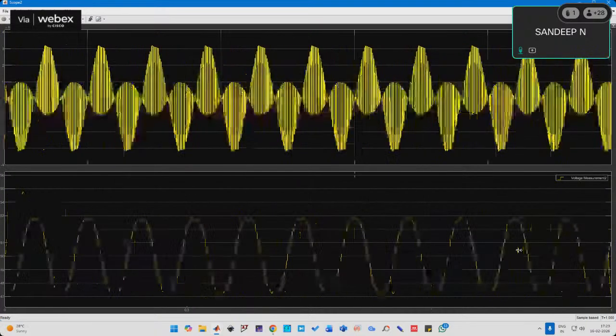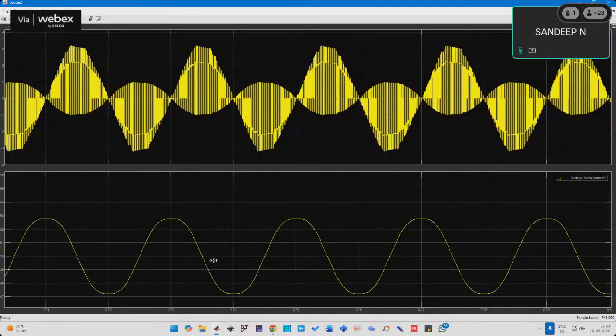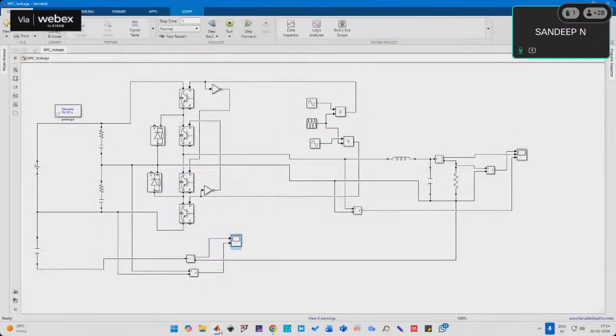In case of a neutral point clamp, the moment you use the DC bus capacitors, the DC bus capacitor voltage would have an average DC value of VDC by 2, that is 50. Over and above, you will have a 100 hertz component that is superimposed. This 100 hertz is responsible for the leakage current and the switching action. Of course, you have a switching action superimposed, but the dominant one is going to be this. That is the reason the leakage current is very small.